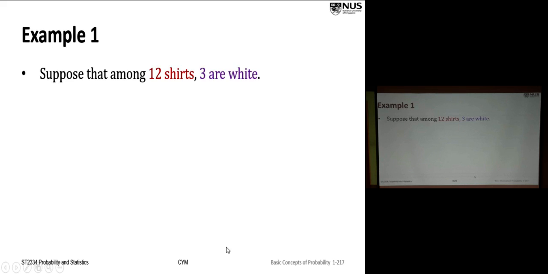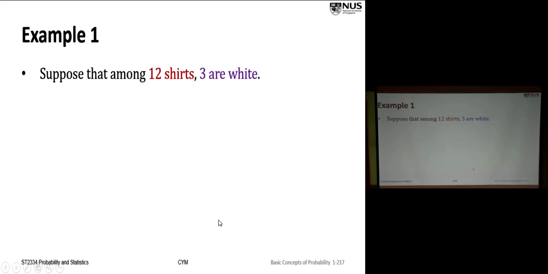Let's look at some examples. Suppose we have 12 shirts divided into two groups. In one group, 3 are white shirts, and the remaining 9 are non-white shirts.